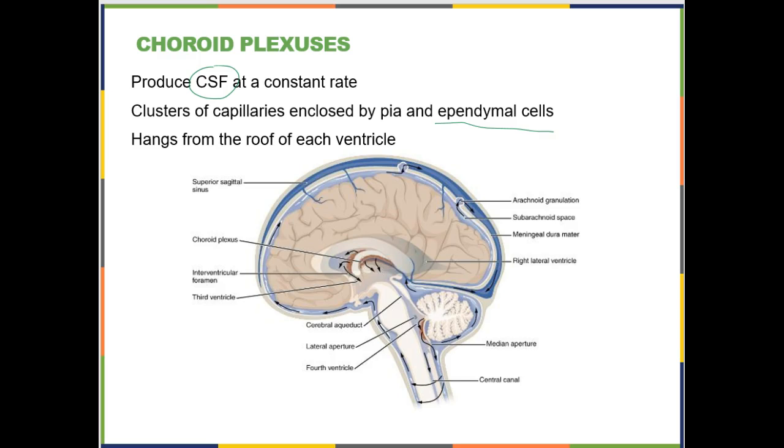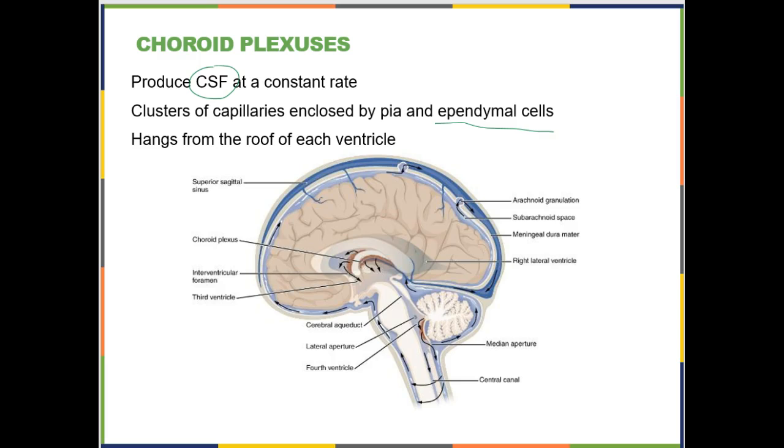They enclose blood vessels, or capillaries, and then pump solutes from the bloodstream into the cerebrospinal fluid, and then water follows by osmosis. So the ependymal cells pick and choose what gets into the cerebrospinal fluid, and again, let the water flow by osmosis. You find them in your ventricles.